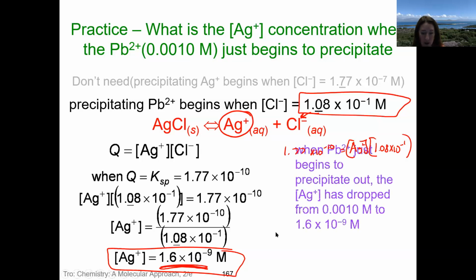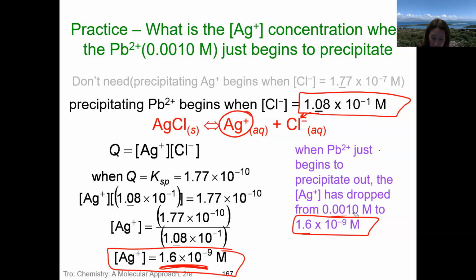Originally it was 0.001, and it dropped to this. That's that common ion effect, right? So our solubility dropped from the beginning to 1.6 times 10 to the negative 9th molar, which we'd expect. Common ion effect says when you add a common ion, the solubility should decrease. Indeed, our solubility did decrease.